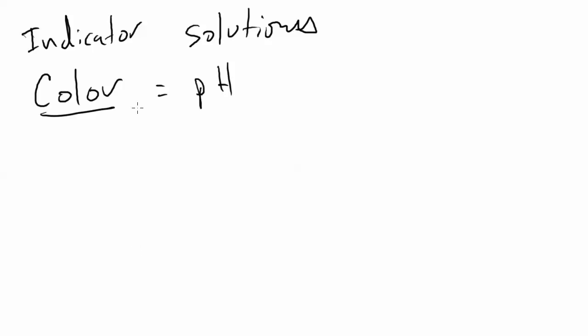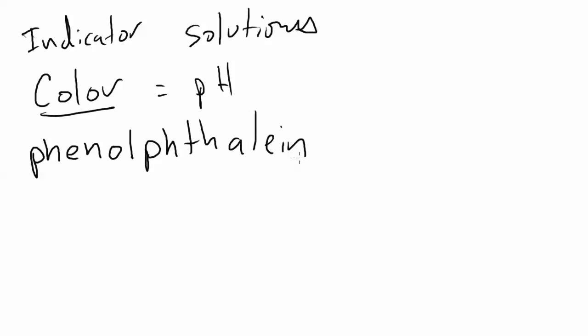Probably one of the most common ones, and one of the funnest ones to say, is phenolphthalein. It's fun to say, not so fun to write or spell. Phenolphthalein reacts this way.